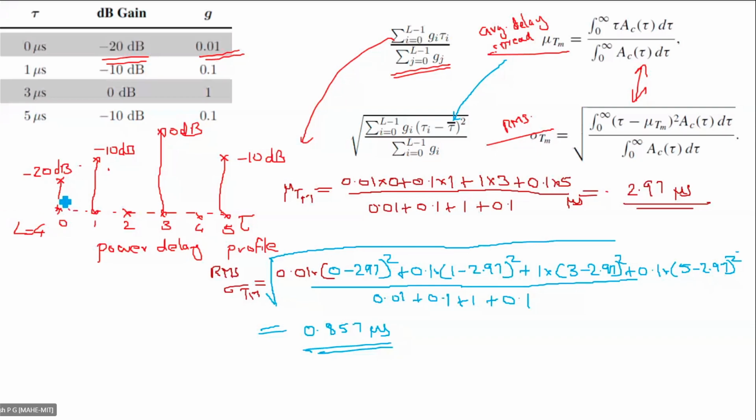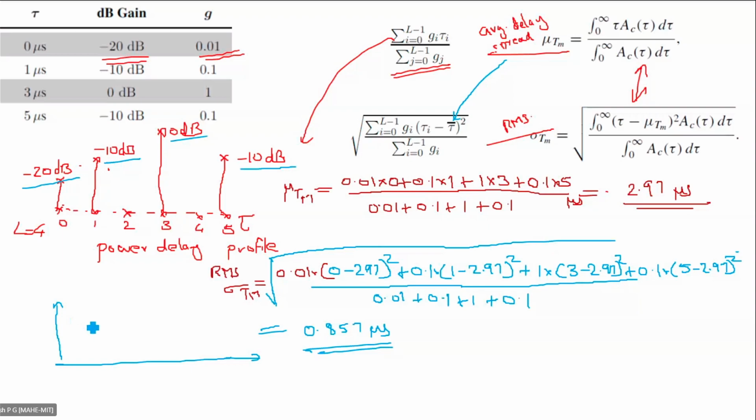Okay, now there is one more thing to remember, that is here you have 4 tap channels. There are 4 multipath components, right? One is at minus 20 dB, second is at minus 10 dB, and then third one 0 dB, then minus 10 dB. So practically, if you take a power delay profile, it is possible to have n number of components, multiple number of components, and some may be invalid also.